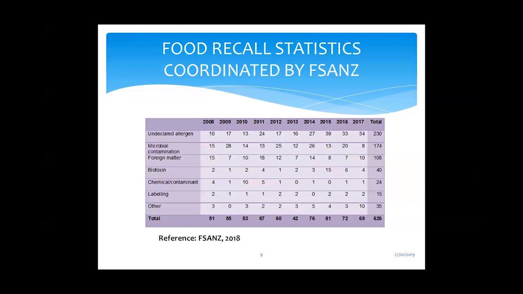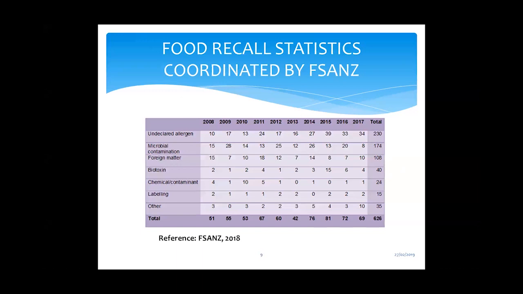It is quite alarming that for the last 10 years, the average number of recalls per annum is estimated to be about 63. That's equivalent to about 5 recalls per month. But what's astonishing from the data is that 230 recalls are solely related to undeclared allergens.